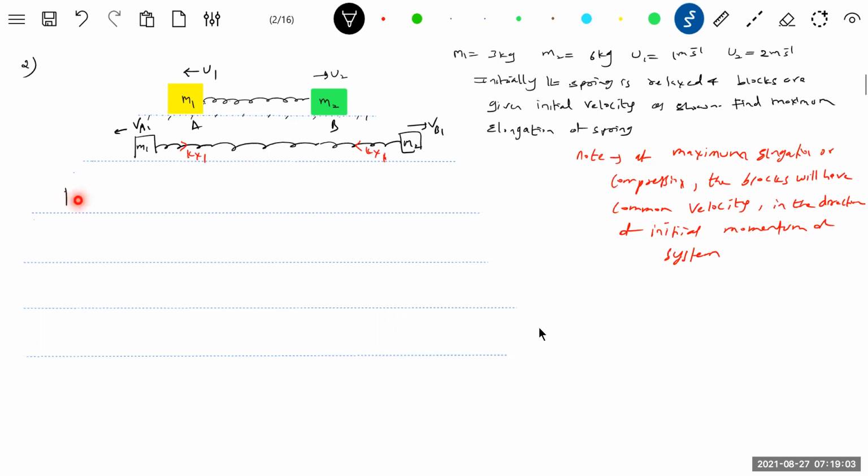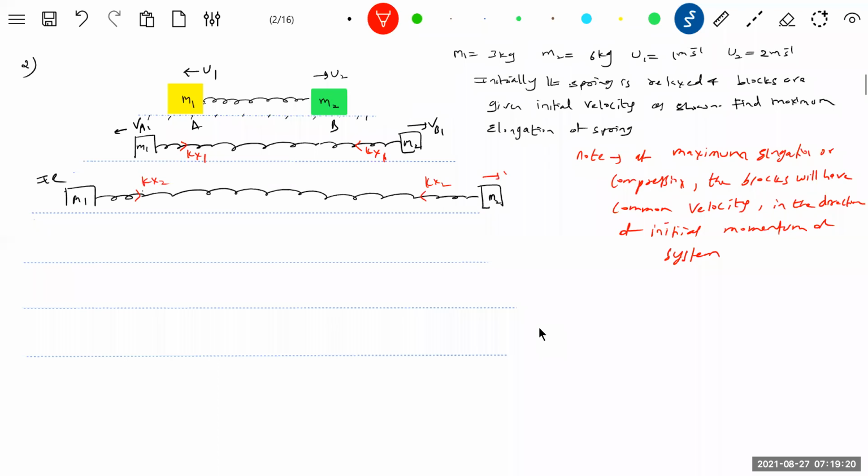Block A will undergo retardation because of the spring force, so it will come to instantaneous rest. The spring force will be acting, the spring is elongated, and this will have velocity VB2. Is this maximum elongation? No. Very next moment, the spring force will make it accelerate. Again we get a situation like this.